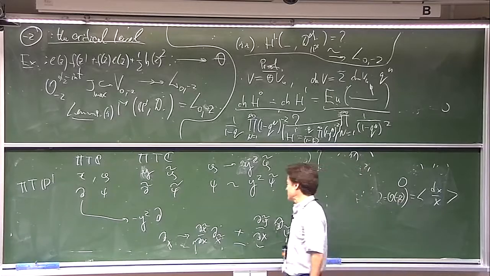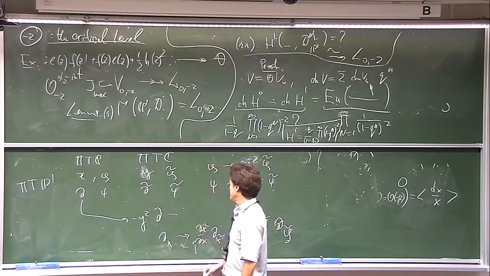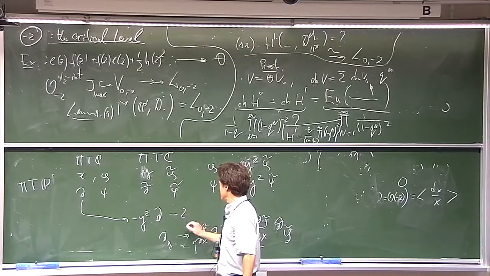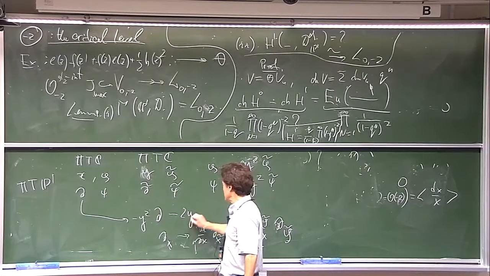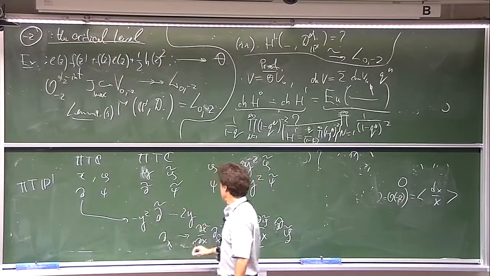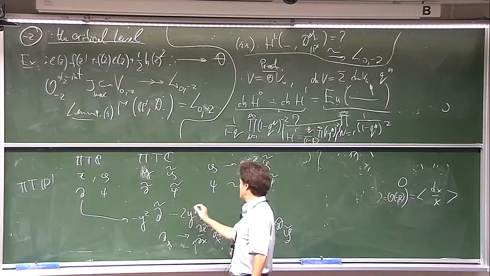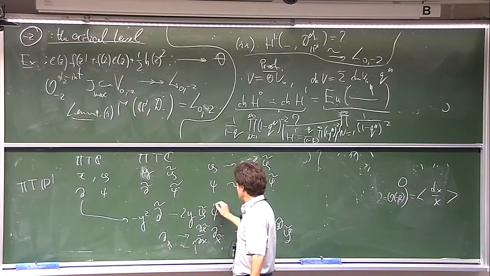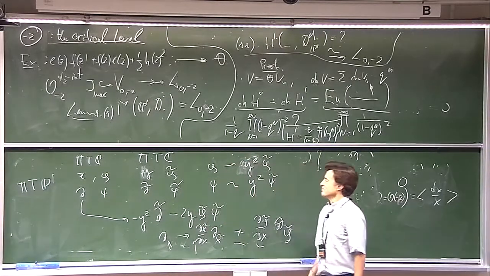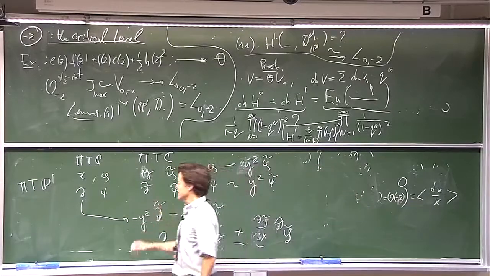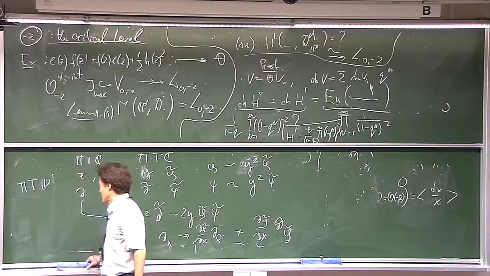And that's another term. And if you compute it carefully, you will have something like 2y phi tilde psi tilde. Last trace. And that's the miracle I wanted to talk about.